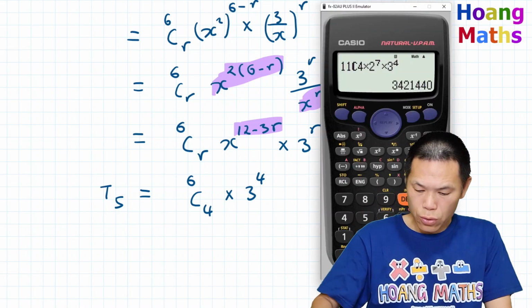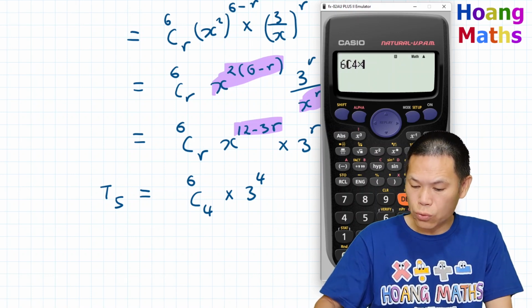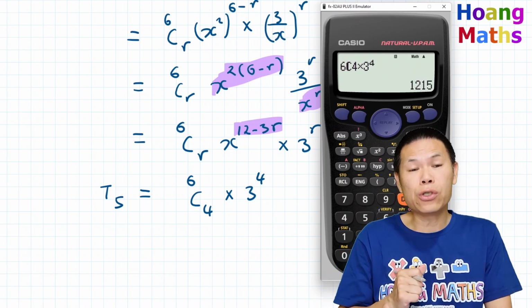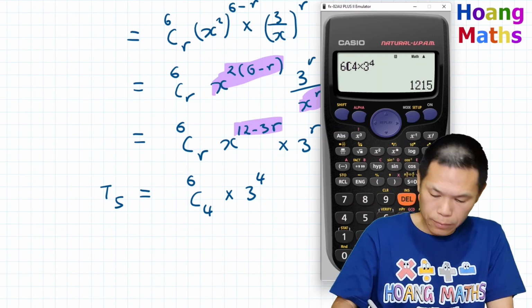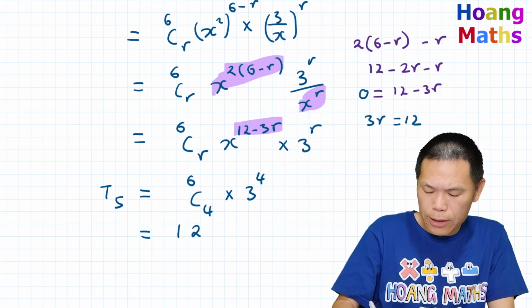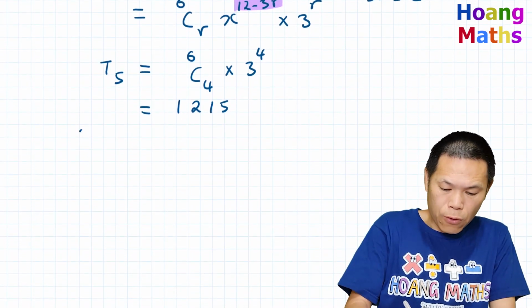I just go 6 C4 and then we times 3 power 4. So there you go, 1215. So that is equal to 1215.